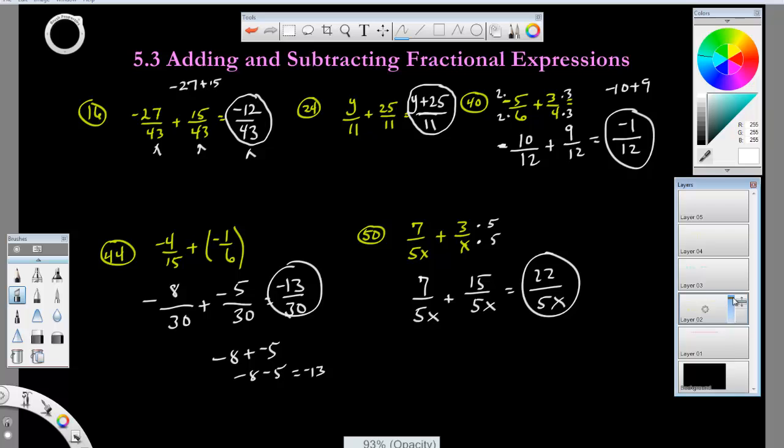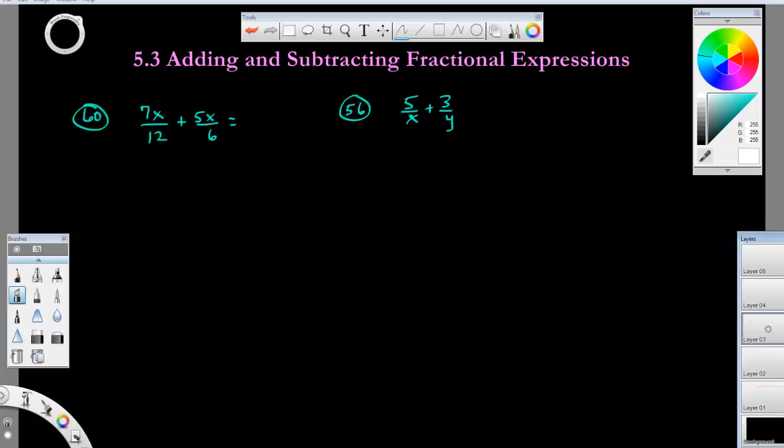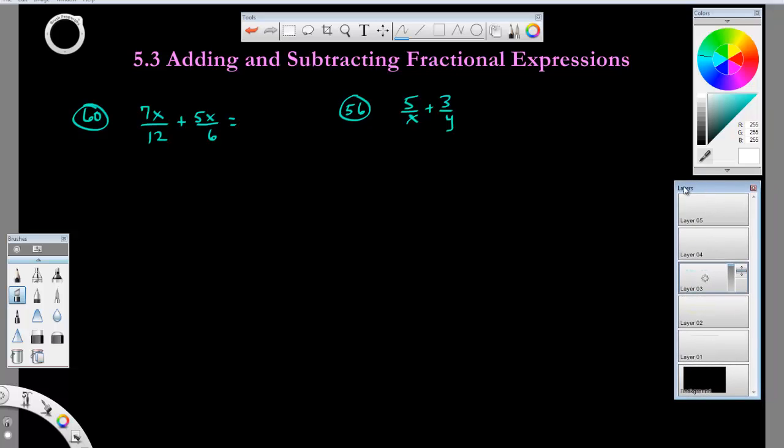Let's do another one. This time you try number 60. All right, pause it and try it. See what you got. Here we have 12 and 6. So we're going to have to multiply that. We want these to be 12s on the bottom, so I need to multiply this by 2. Okay, so that's 7x over 12 plus, now what's on top?